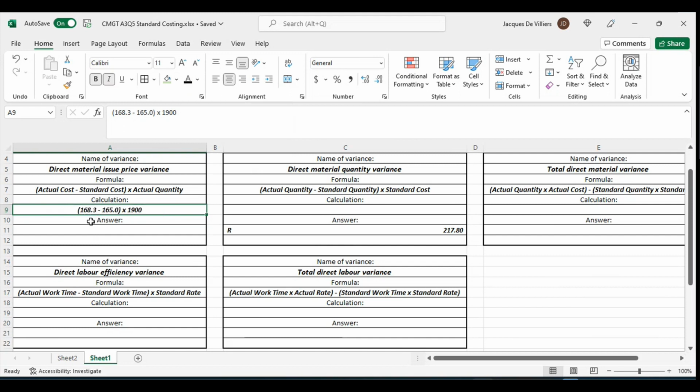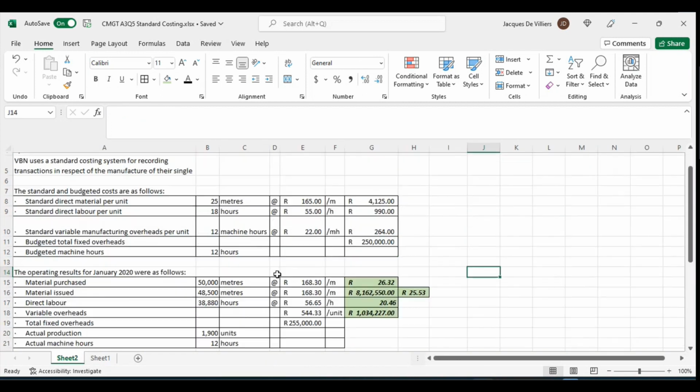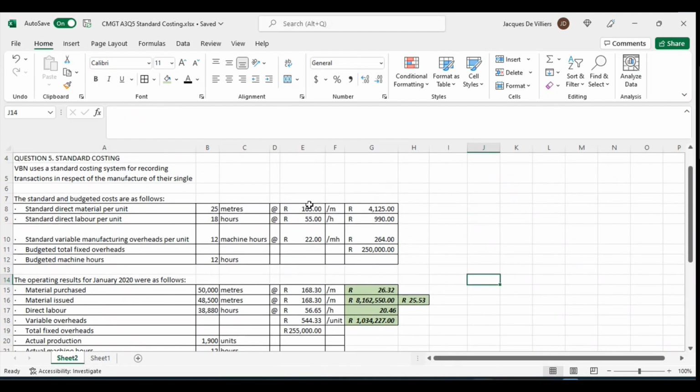So the actual cost for direct material that was issued is 168.3. Let me just show you that. You see there, direct material per unit is 165.3. But here, when we did the calculation, we saw that in reality, it was 168.30.